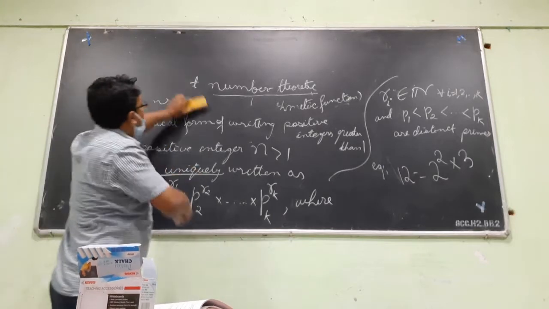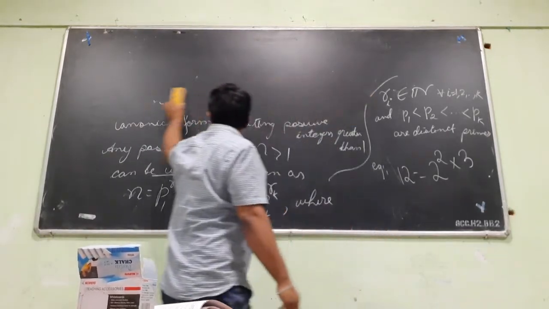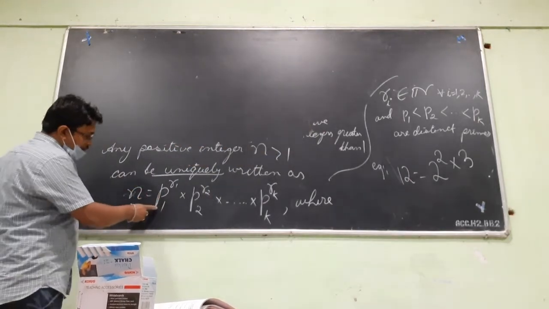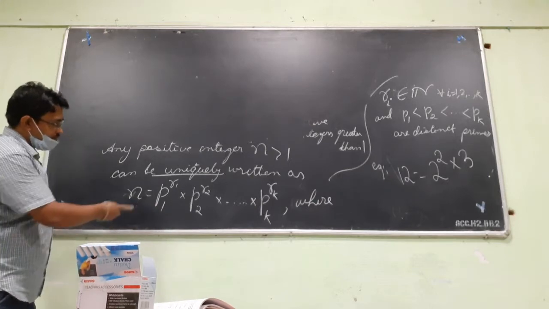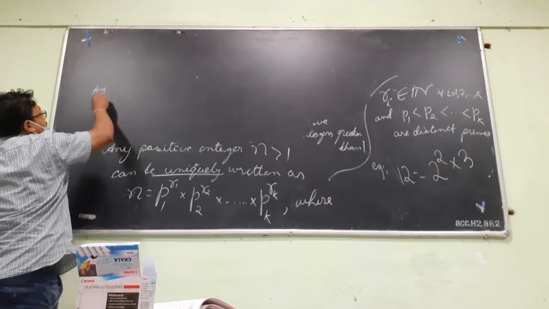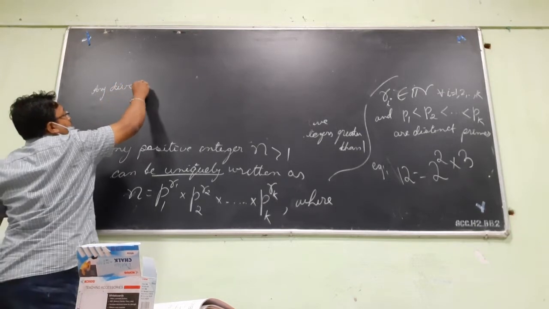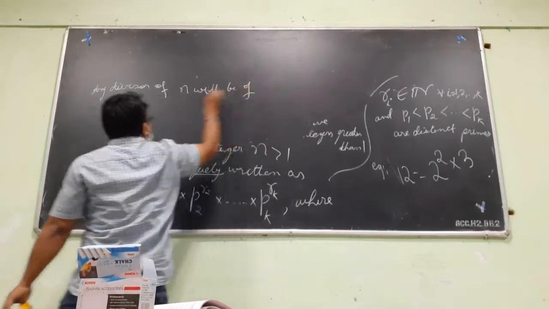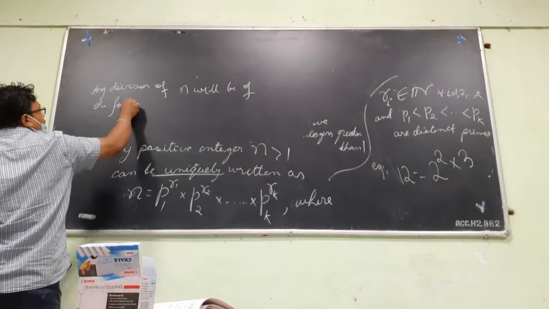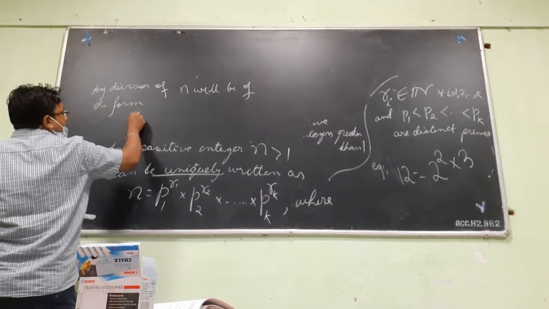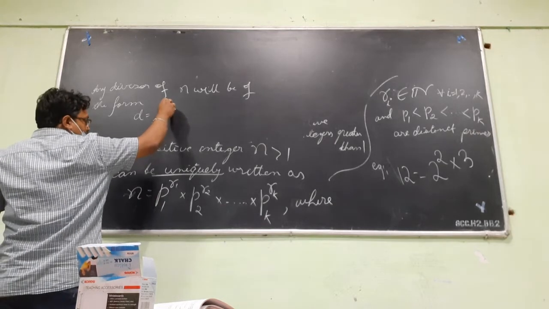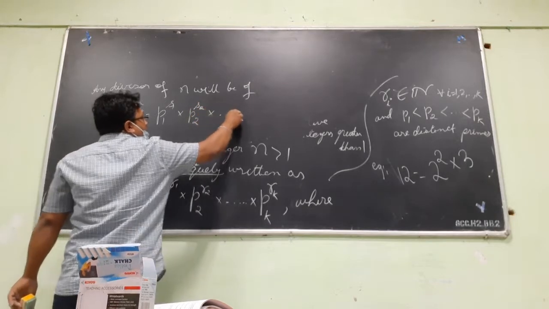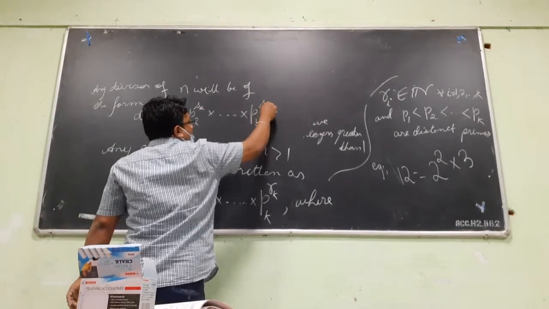Once we write the number in this form, immediately we can have this element. Any divisor of this n will be of the form D equal to p1 to the power s1 into p2 to the power s2 into pk to the power sk.